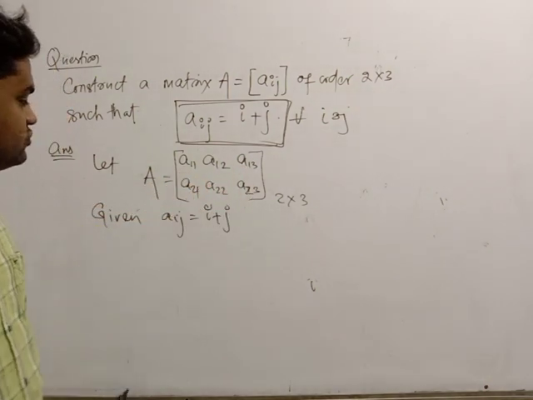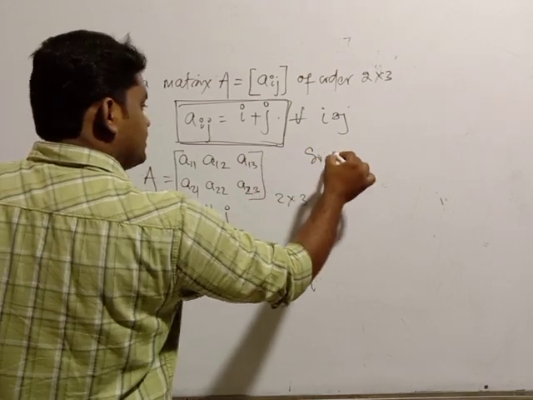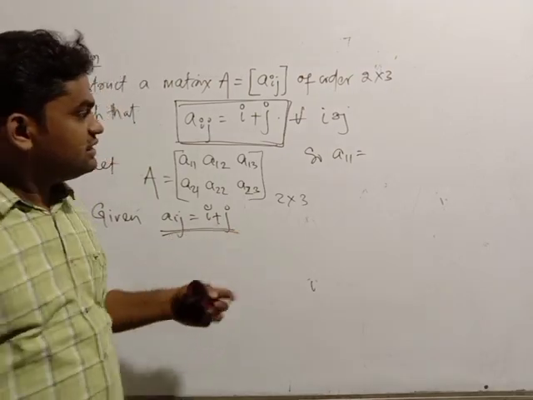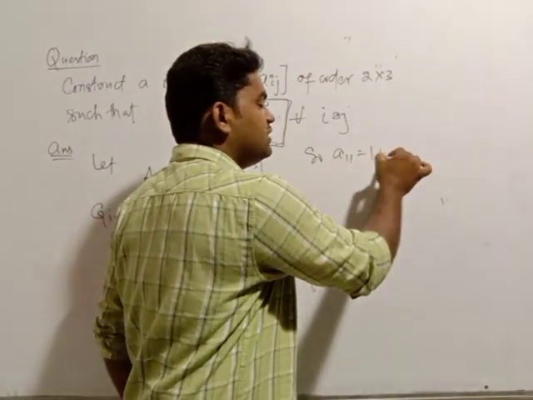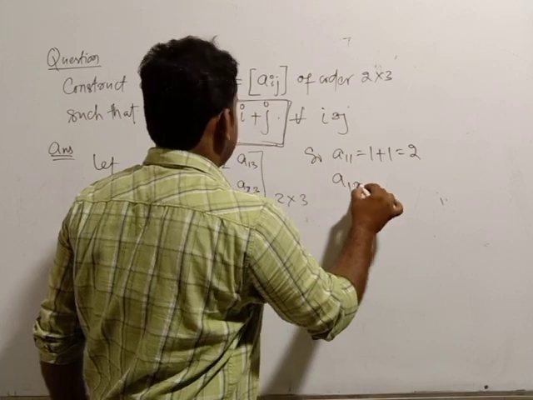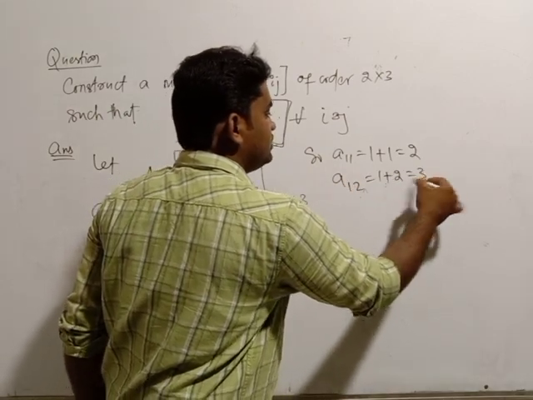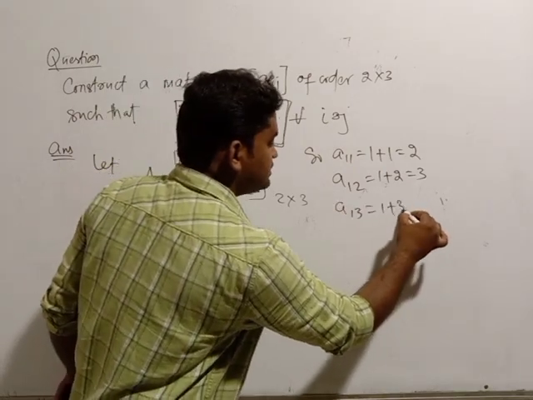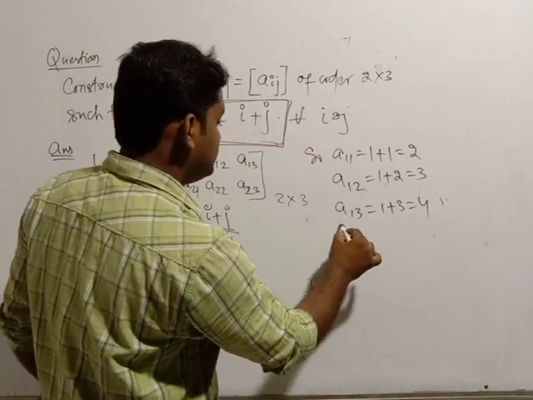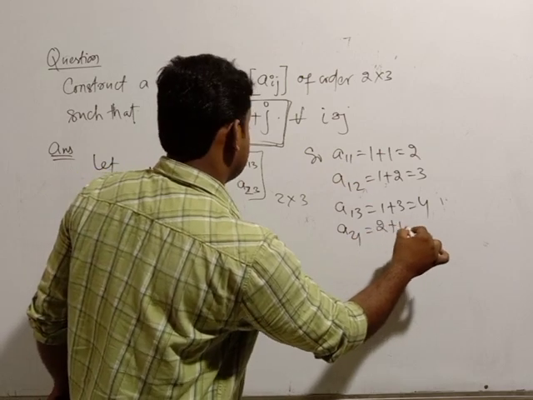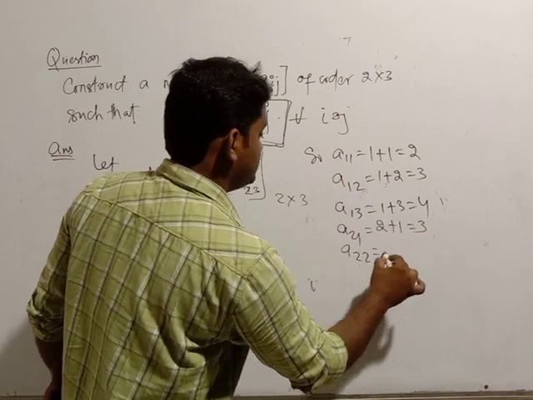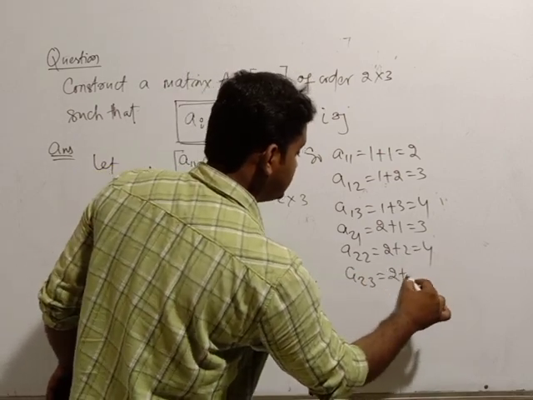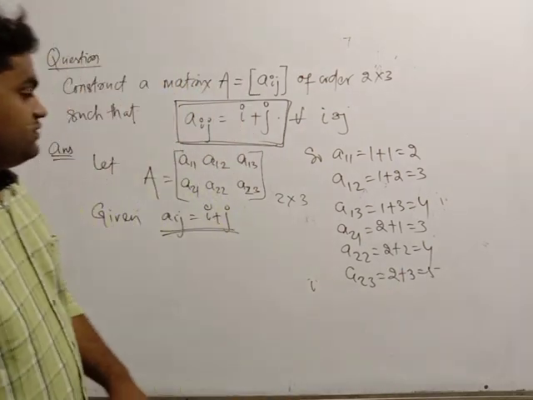So here a11 equal to, since aij equal to i plus j, a11 equal to 1 plus 1 equal to 2, a12 equal to 1 plus 2 equal to 3, and the next element a13 equal to 1 plus 3 is equal to 4, and a21 is 2 plus 1, a22 is equal to 2 plus 2, and a23 equal to 2 plus 3, which is equal to 5.